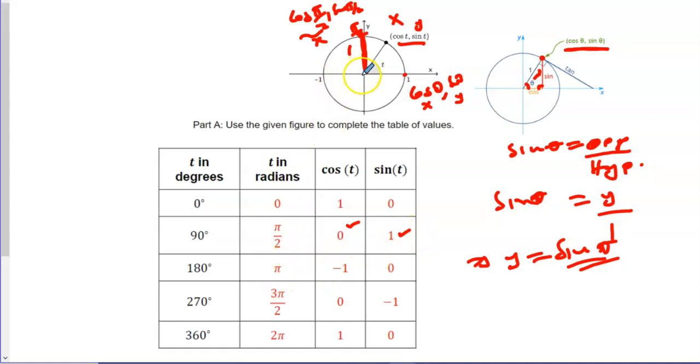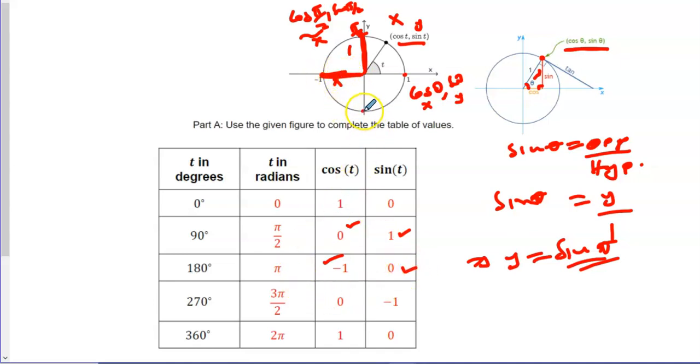And when we go to 180, because it's lying exactly on the negative region, our x is going to be negative 1, so cos 180 is going to be negative 1, as you can see. And sin 180, there's no y value here, exactly on the x-axis, it's going to be 0.